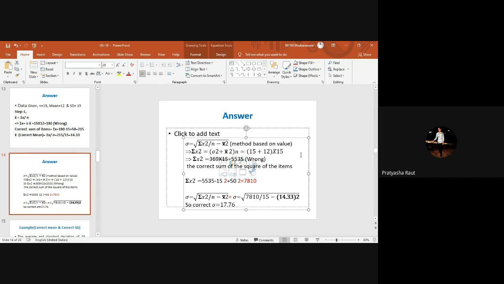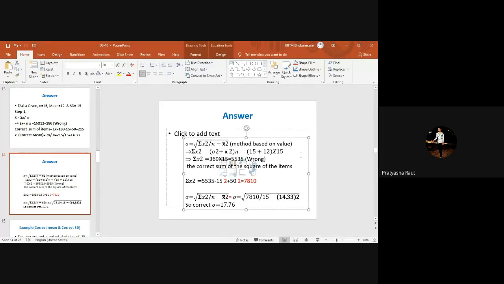Then after I simplify this one, I remove the square root, which means we just square both sides. Sigma square equals summation of x square divided by n minus x bar square. To simplify, summation of x square equals sigma square plus x bar square, into n.